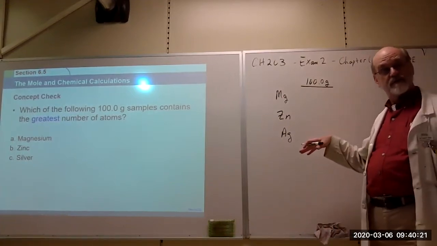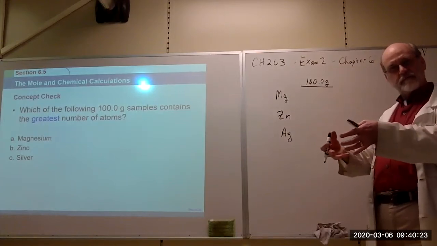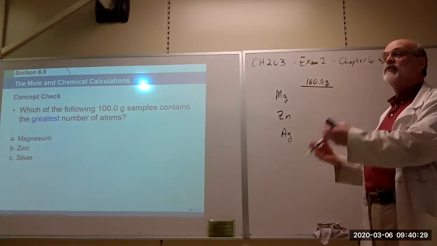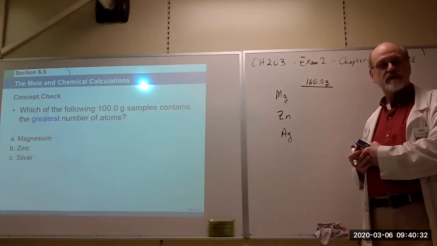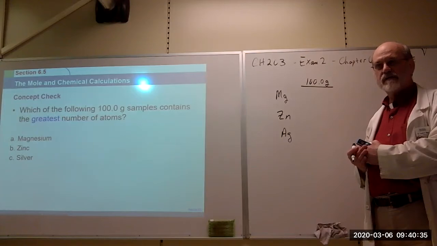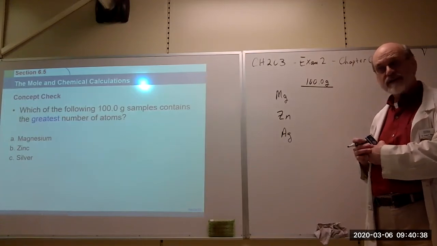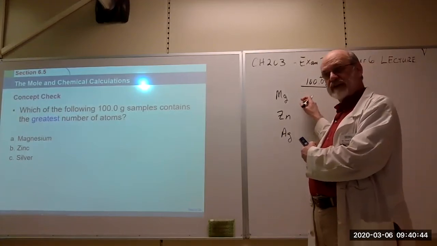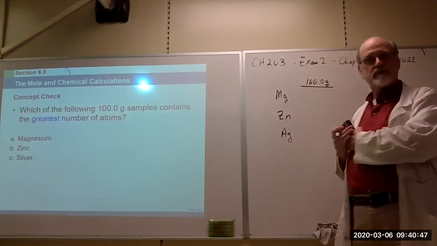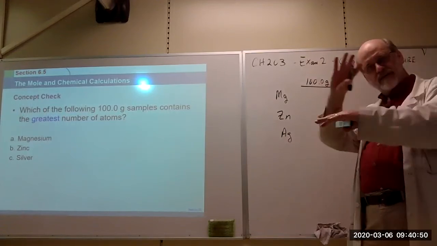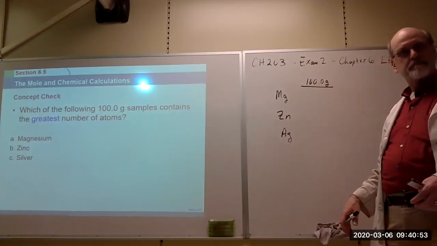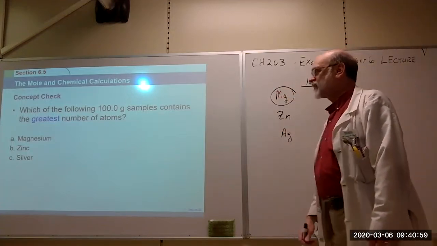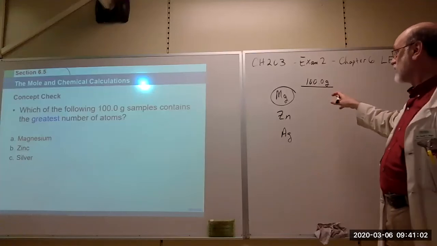If they all weigh the same collectively, then which one is going to take the most atoms to give you 100 grams? The one that weighs the least. Right? Individually, each atom that weighs the least takes more atoms to make up 100 grams. It's kind of inverse thinking. So the one that weighs the least is magnesium. That's the one that is going to have the greatest number of atoms in that sample.